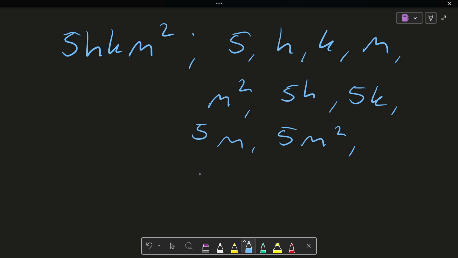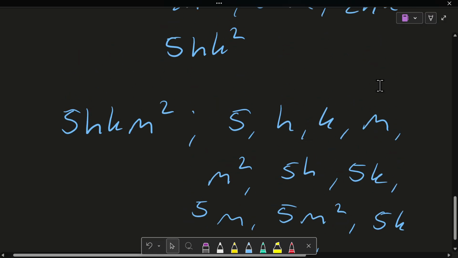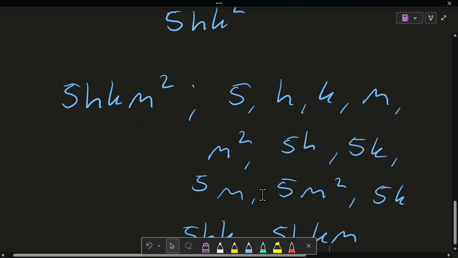Another one is 5hk and 5hkm. So these are all the factors.